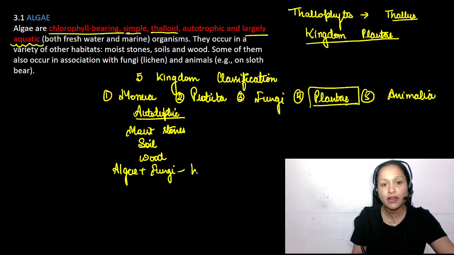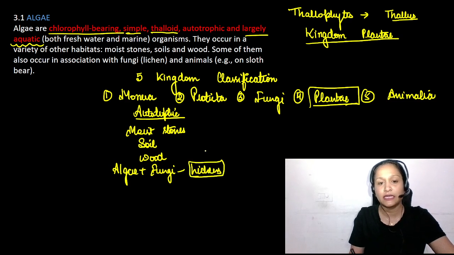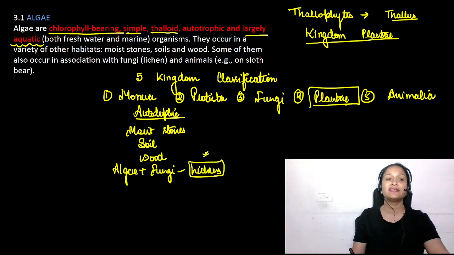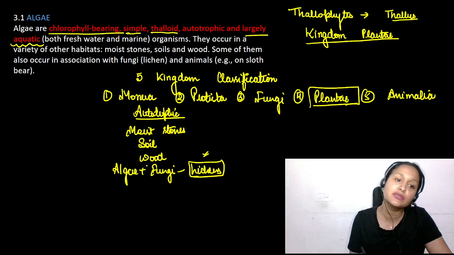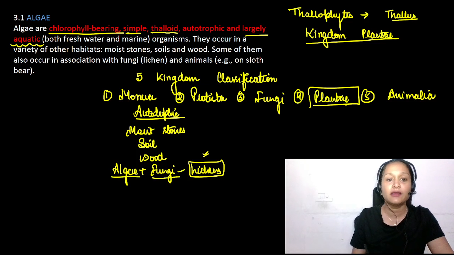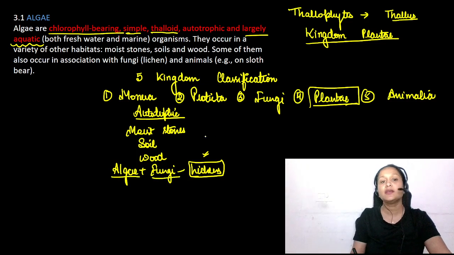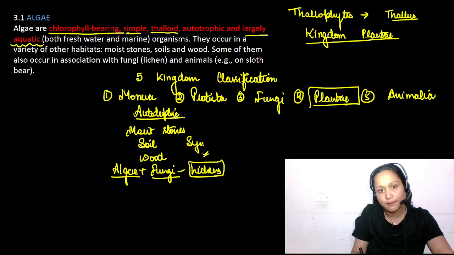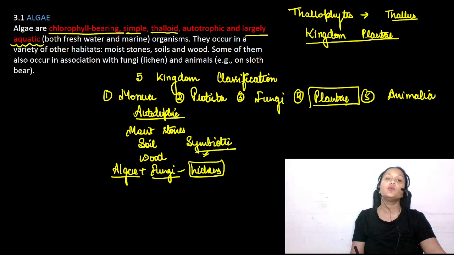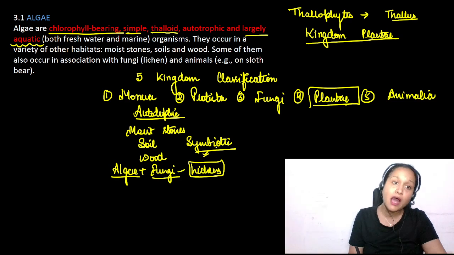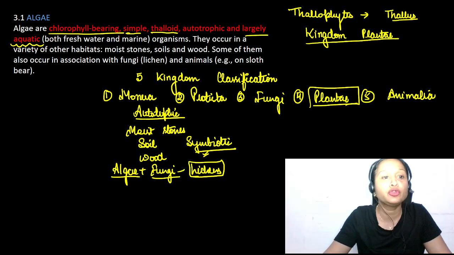We call them lichens. In lichens, there is a symbiotic association between algae and fungi. Both are helping each other. Such a relationship is a symbiotic relationship.